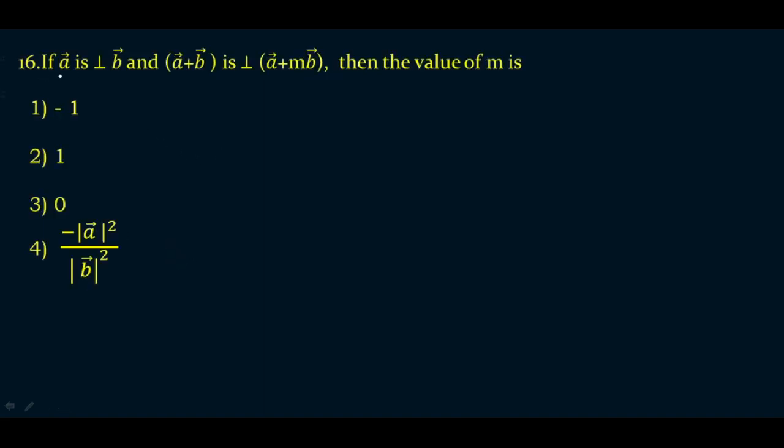Here vector A is perpendicular to vector B. It means vector A dot vector B is equal to 0, we know that. And given that vector A plus B is perpendicular to vector A plus m into vector B, means its dot product is 0. It implies vector A plus vector B dot vector A plus m into vector B is equal to 0.